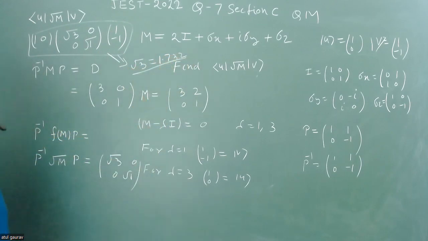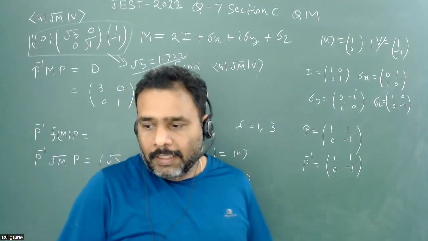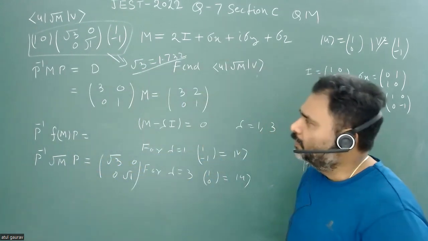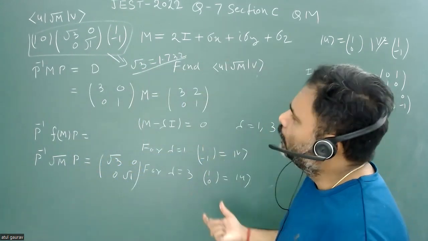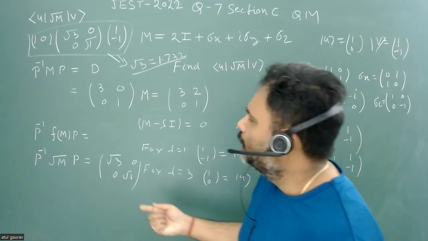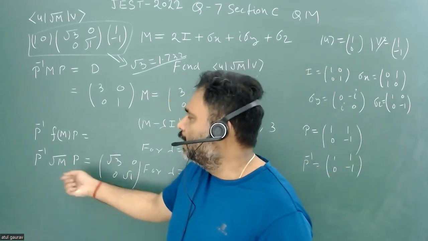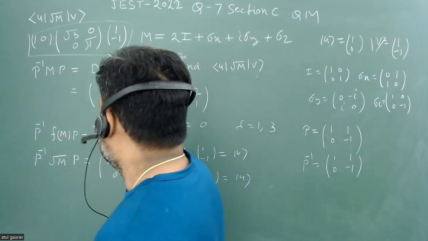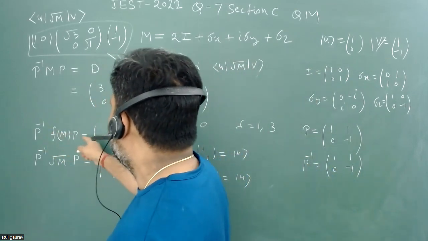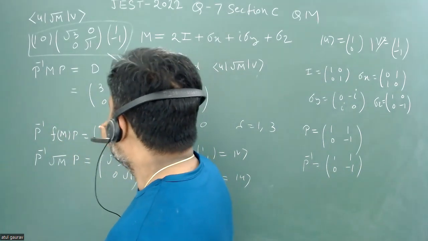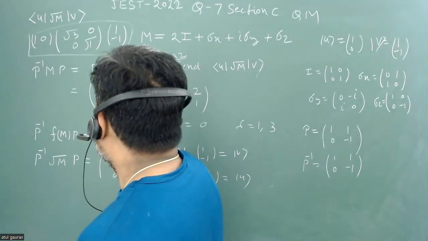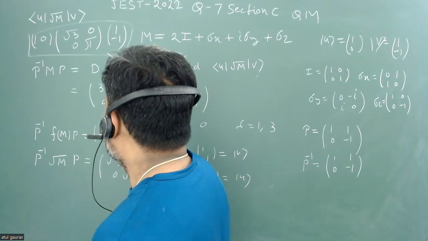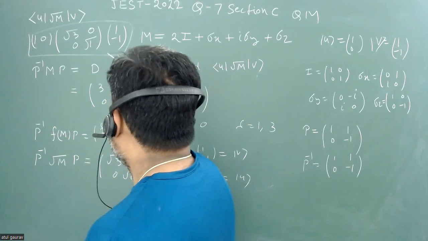So this is a wonderful problem. It's a classic problem. The first thing we have to learn is how we can write any matrix in functional form. See, P inverse f(M) P can be written as f(lambda 1) 0 0 f(lambda 2).